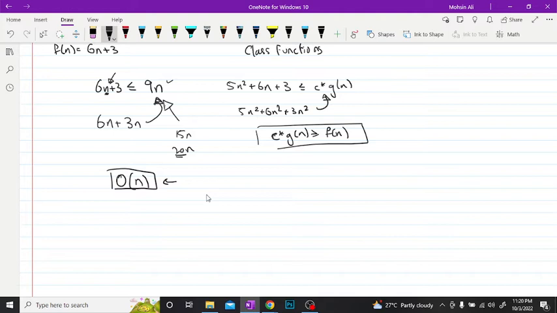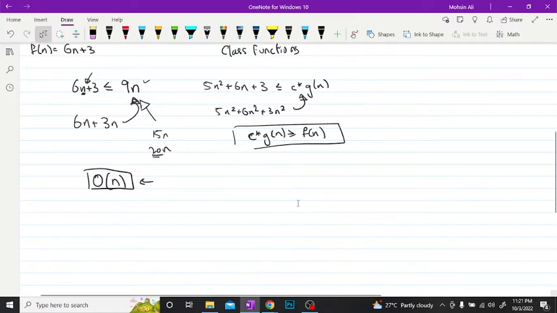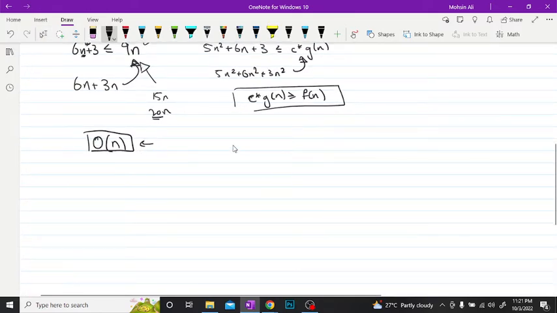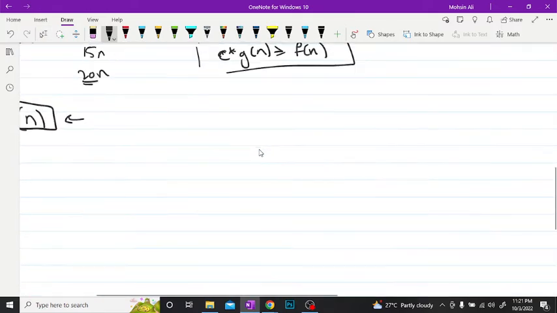Okay, now let's talk about class functions for a little while. There are some types of class functions, so I'm just going to list them down over here.